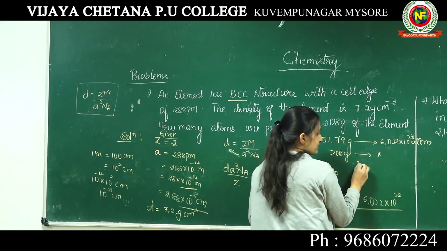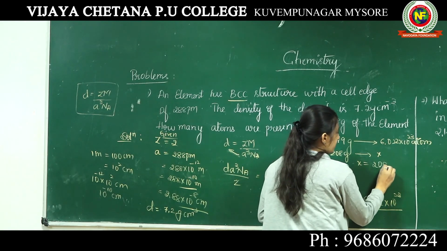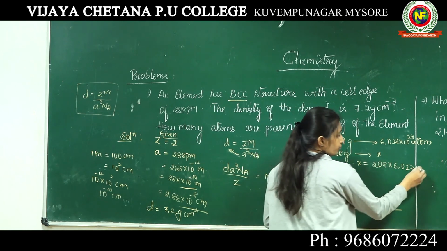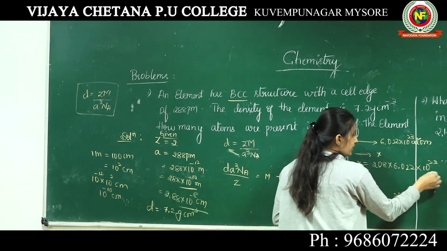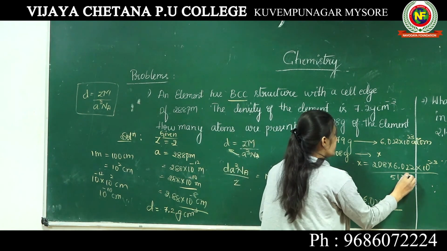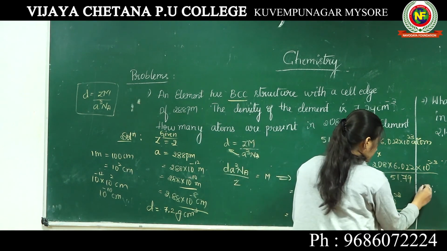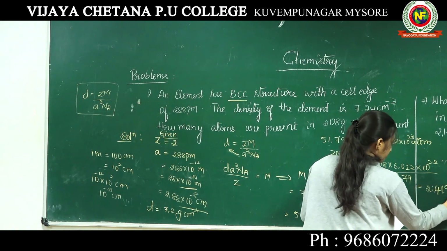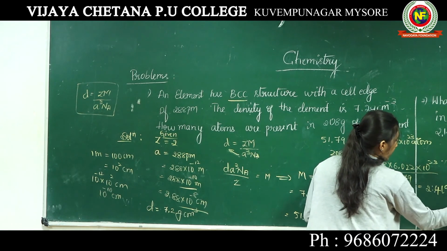So cross multiply this. X is equal to 208 into 6.022 into 10 to the power 23 divided by 51.79. If you solve this, you will get around 2.419 into 10 to the power 24 atoms.